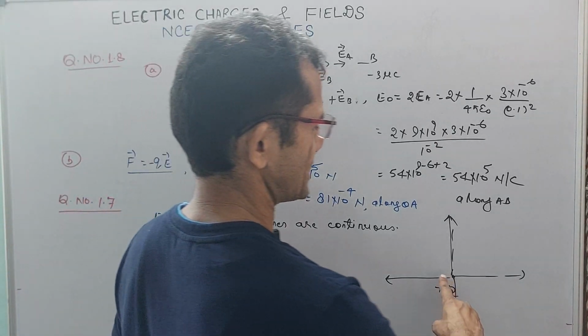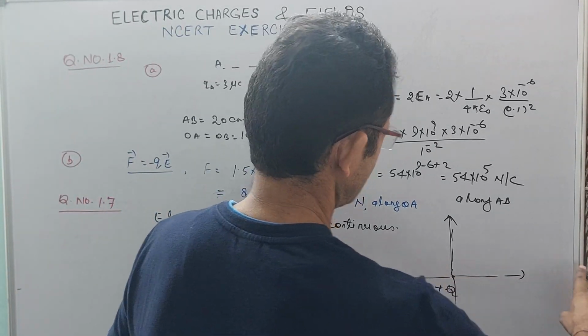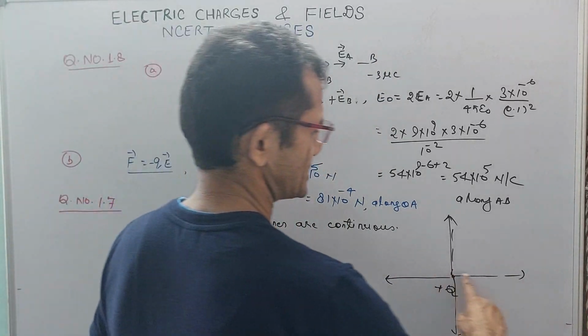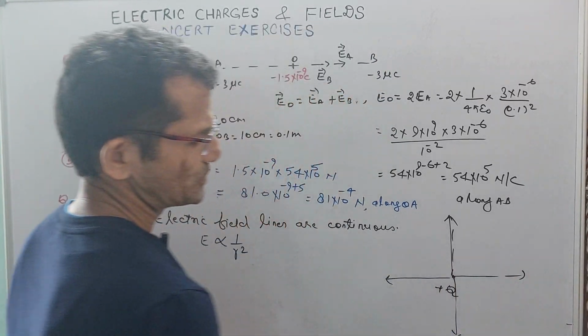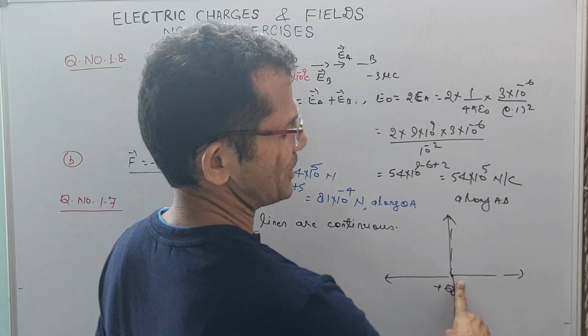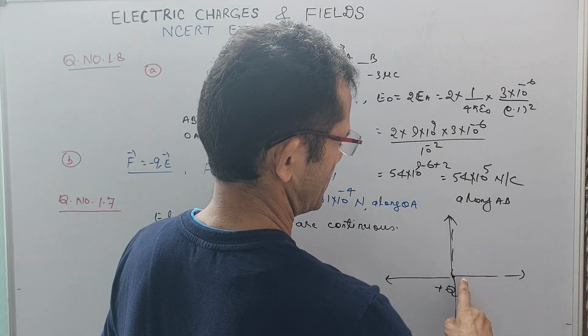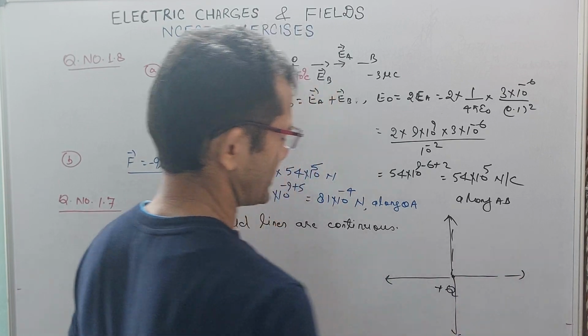The field decreases at a steady rate from this point to infinity. That's why field lines can also be continuous from the origin to infinity.